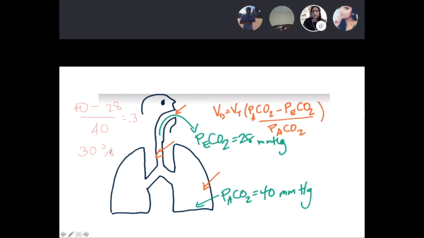So that gives us that, and now we just need to multiply that by the tidal volume. If we took the normal values of the tidal volume, which is 500 milliliters, and we took 30% of that, that's going to give us 150 milliliters.